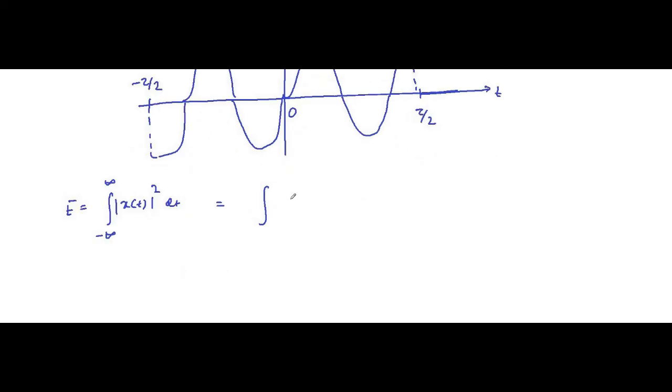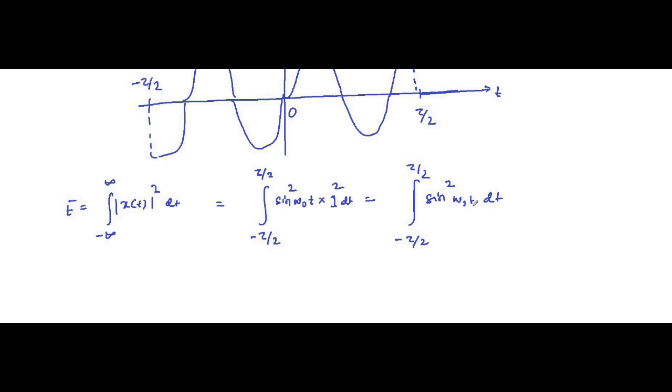So it is minus tau by 2 lower limit, tau by 2 upper limit, of sin omega 0 t multiplied with 1, squared, because x t square is sin square omega 0 t dt.